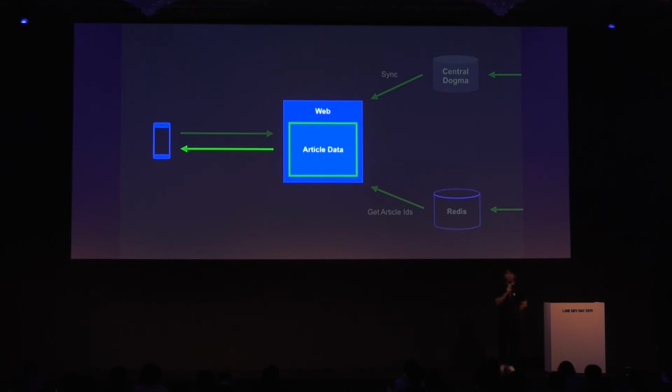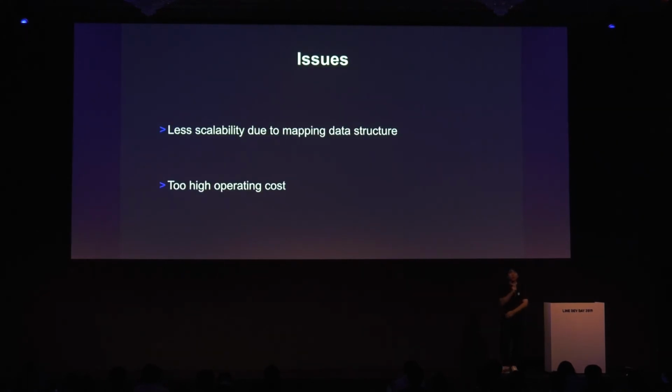So that was the initial implementation. As was mentioned before, this implementation had a problem, and let me talk about what problems we had. So with the mapping data format, we could not scale.